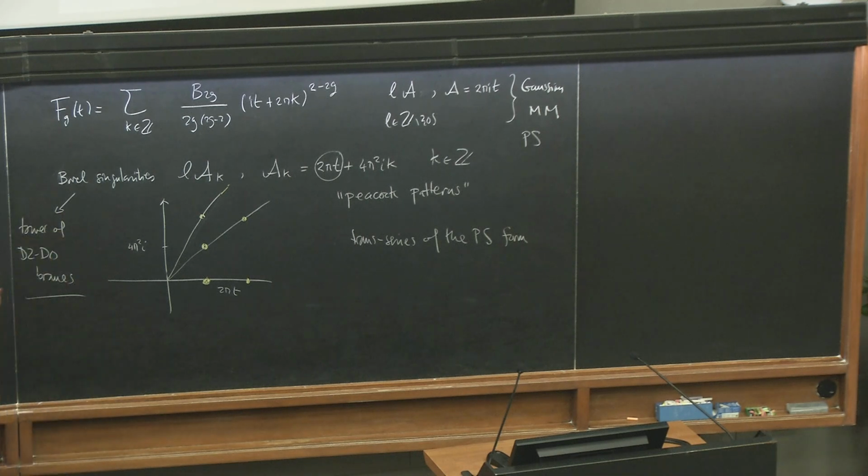And this is a very beautiful way of understanding the structure of Borel singularities. The structure of Borel singularities is telling you on the nose the structure of D2, D0 branes that you have. Of course, Gopakumar and Vafa thought that you can also see this by looking at the free energy, but there it is in a sense less evident.